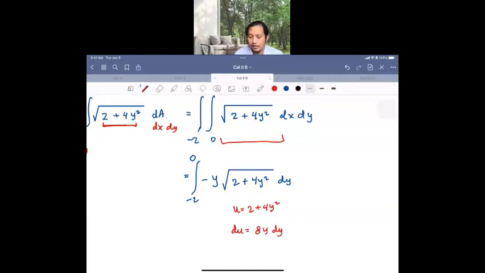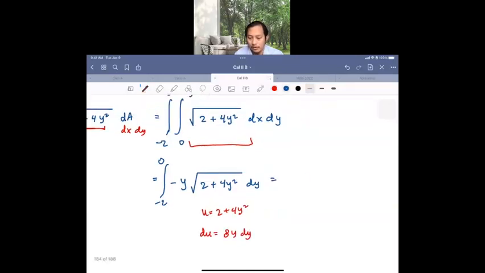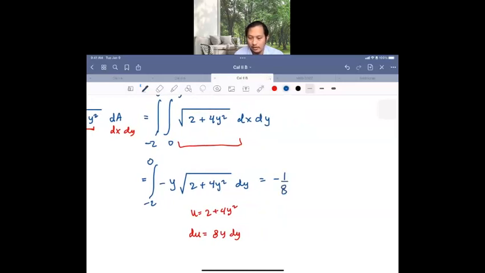So we could just take 1/8, okay, 1/8 minus 1/8. And then this is supposed to be square root of u like that. So we could have 2/3, 2 plus 4y squared, and then half plus 1 is 3/2 from -2 to 0.